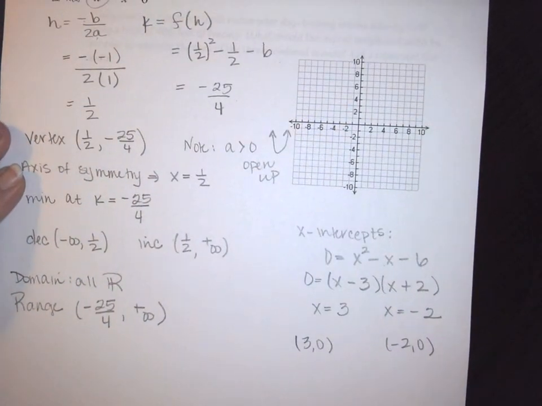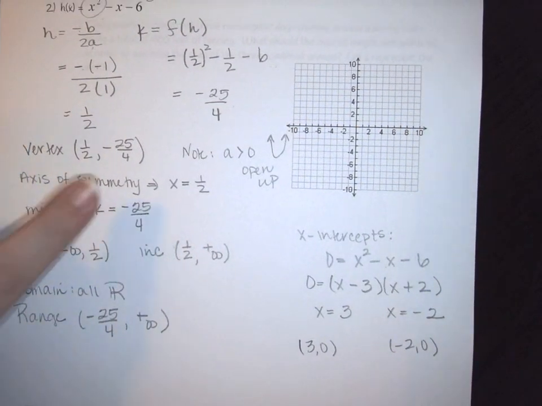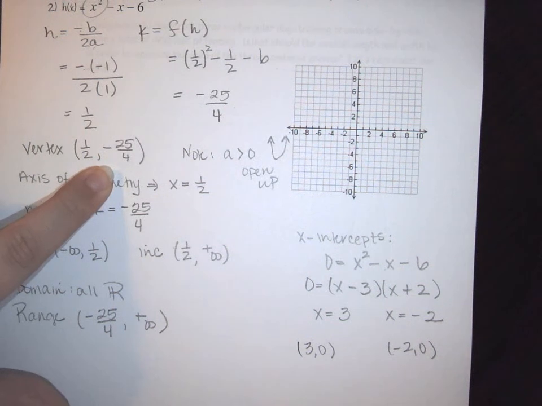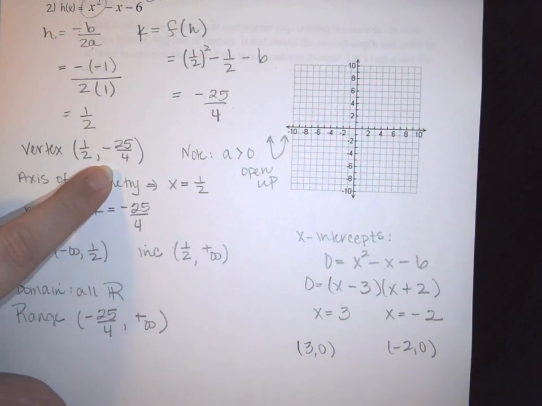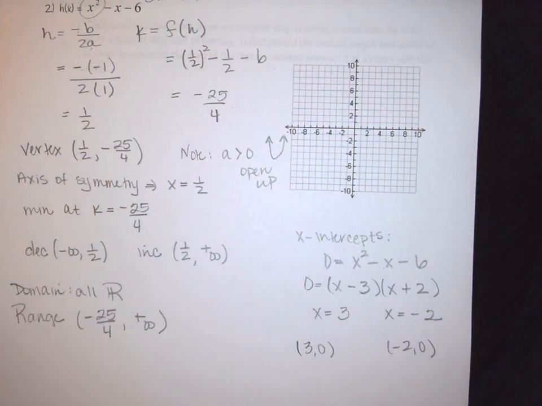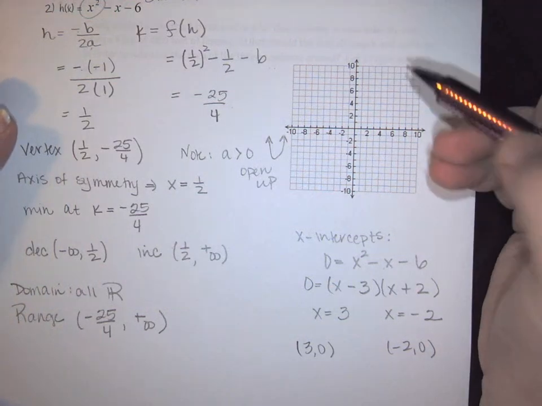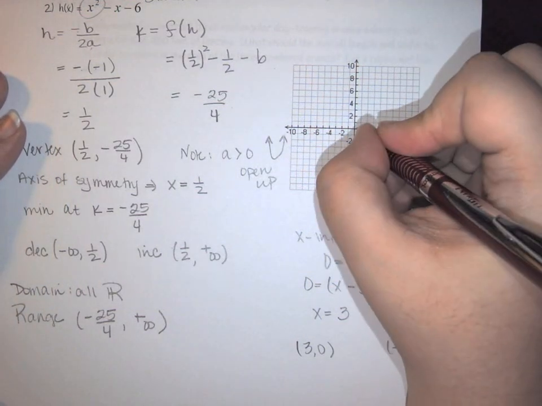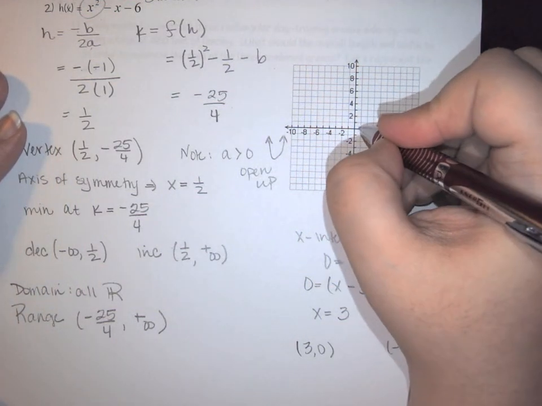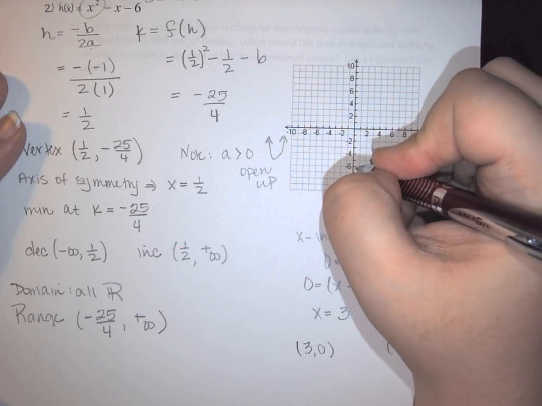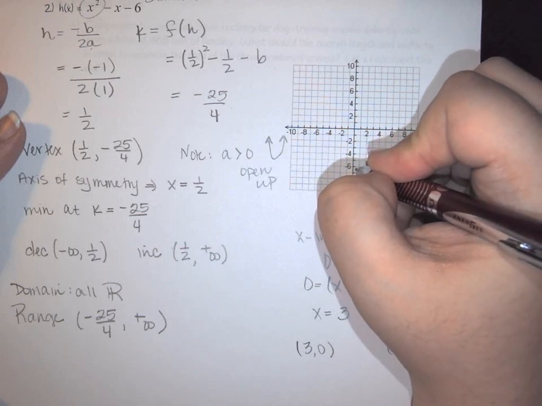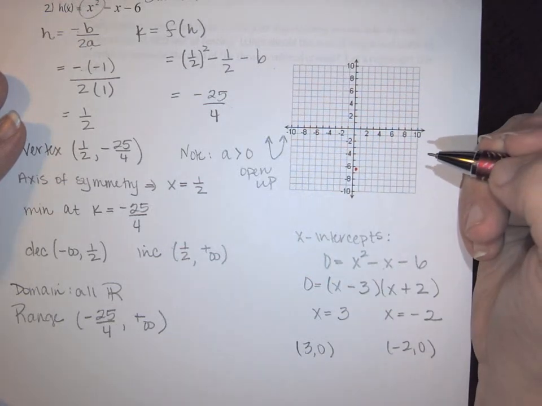Again, we need to just simply graph what it is we know. So graph your vertex. So here we have 1/2 and 25 over 4. So 25 over 4 is roughly 6 1/4. So here we're going to go over 1/2, and we're going to go down a little more than 6. So kind of guesstimate right there.